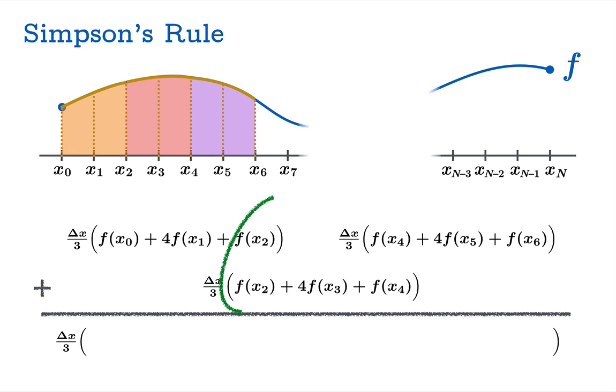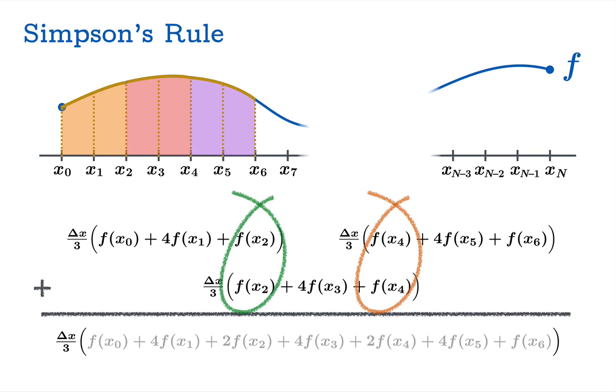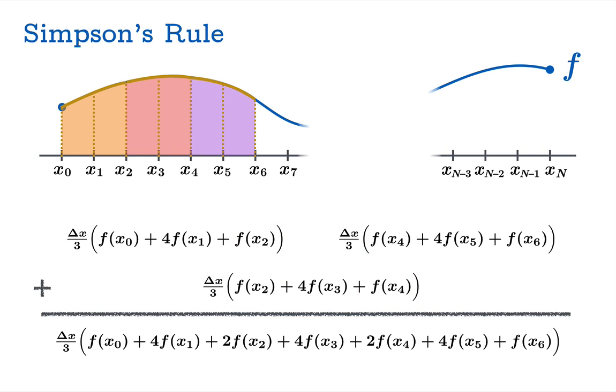And you'll notice that there are two expressions that are going to contribute to each other. And so in the end, you get this expression. And the thing to notice is the pattern of coefficients. We're getting 1, 4, 2, 4, 2, 4, 1. Which seems to indicate there's a general pattern that's developing.